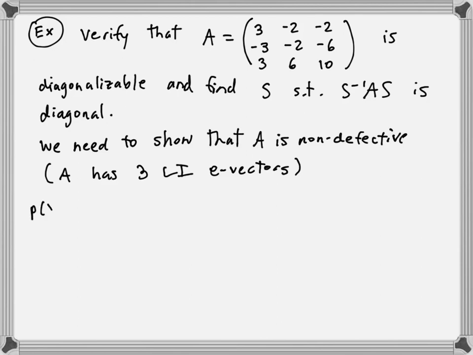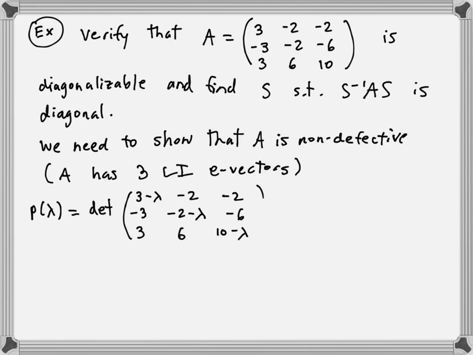So what is P of lambda equal to? Remember, this is going to be the determinant of, you take away lambda from the diagonals, 3 minus lambda, -2 minus lambda, 10 minus lambda, and then everything else stays the same. Okay, so if we do this, I'm going to go ahead and expand on the top row here. We end up with 3 minus lambda times, what do we get here?